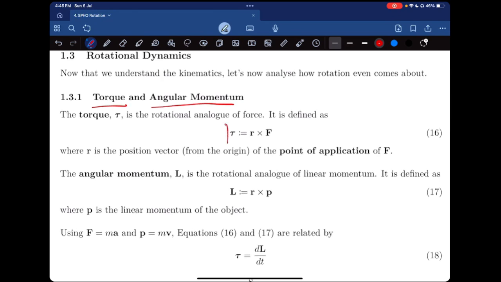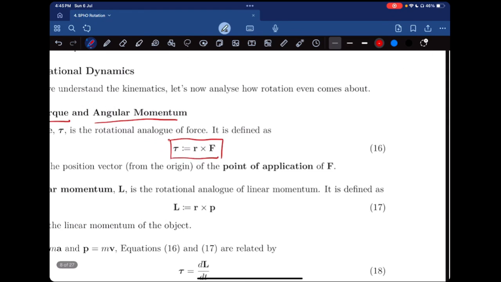For torque, this is how we define it: r cross F. If you have a coordinate system and a point with a position vector r, and you apply a force F at this point, then your torque is just this. Your torque will be calculated about an axis passing through the origin.